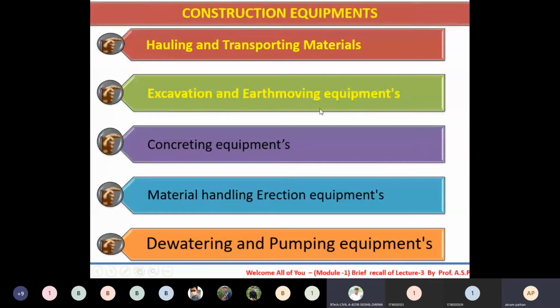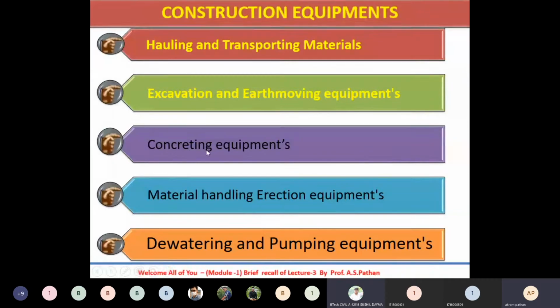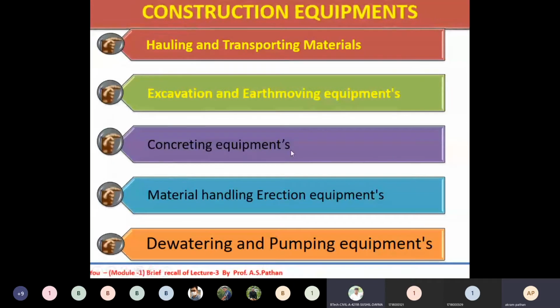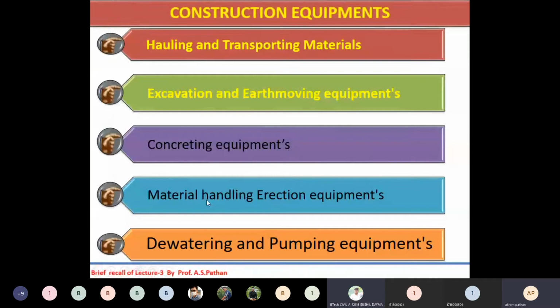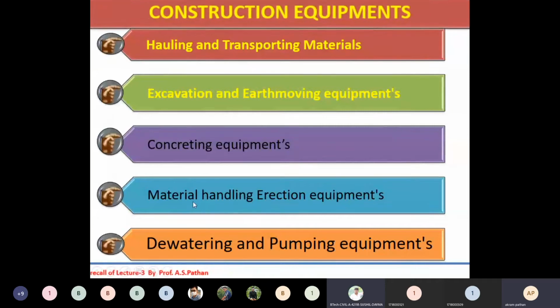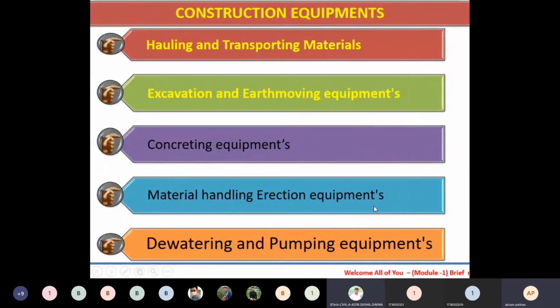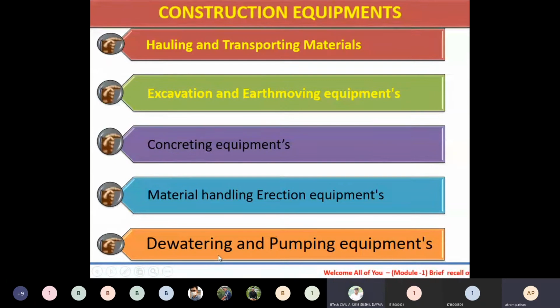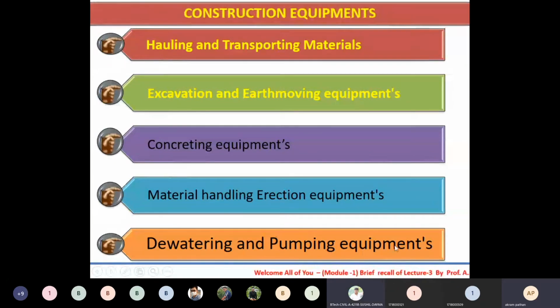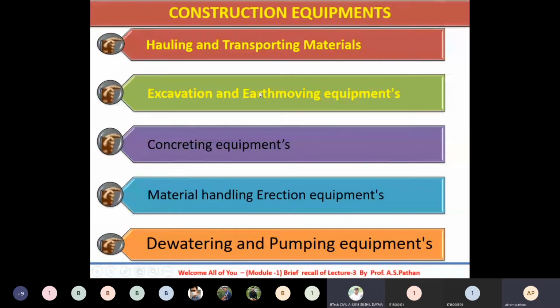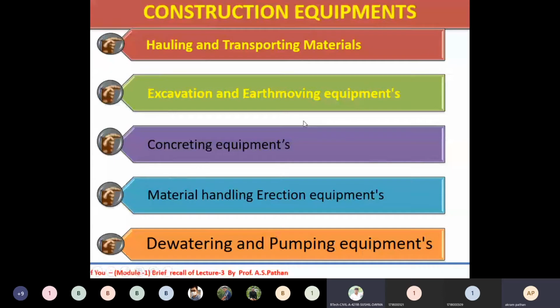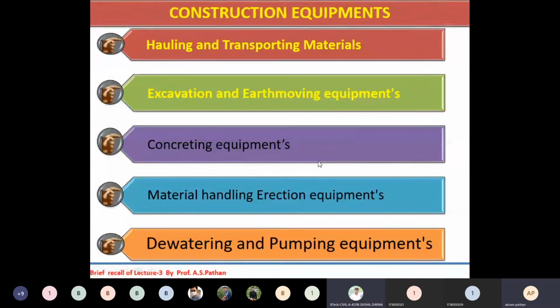We require equipment for concreting work, for material handling and erections, and for dewatering and pumping. So these are the modern equipment generally required at the construction site.